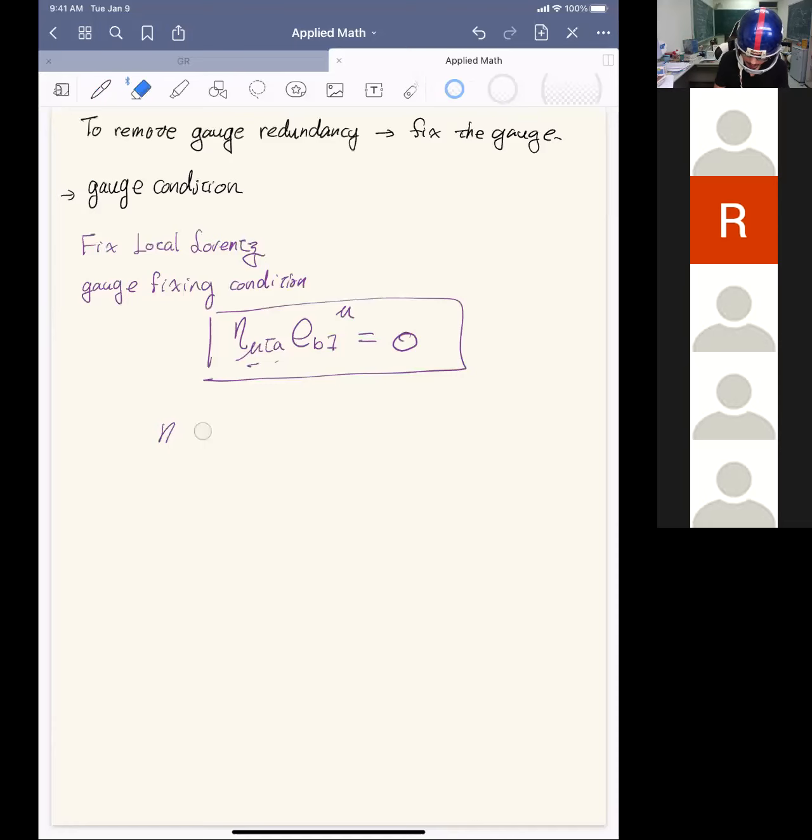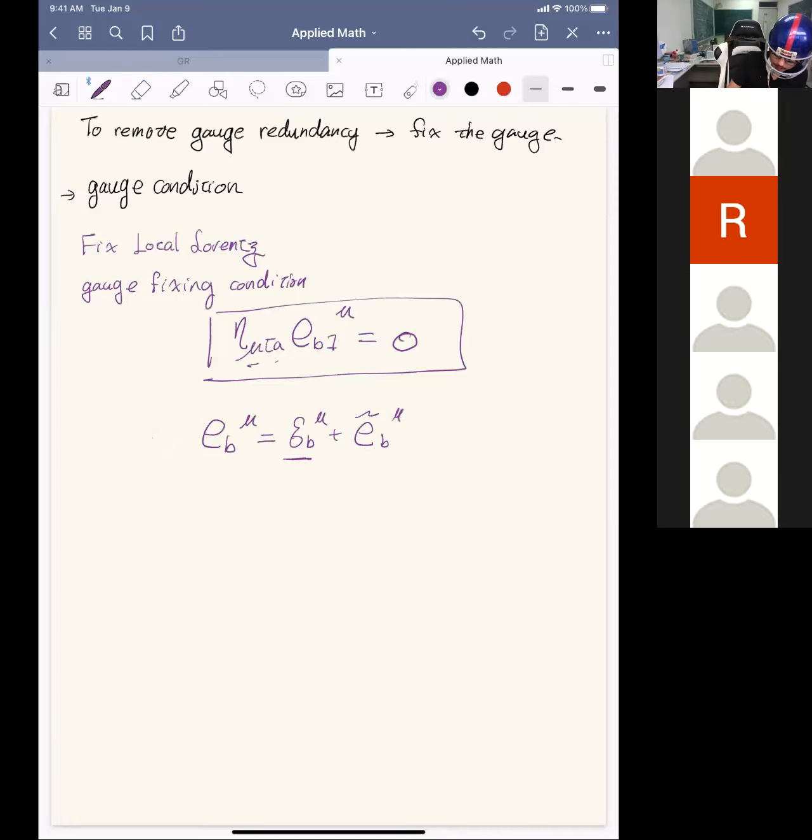Okay. So to understand why I'm using this as a gauge fixing condition, remember my E B mu is really a flux. You can say that it's really defined around the flat space, or around delta, right? So remember previously we had something like this. It always contained a delta thing.